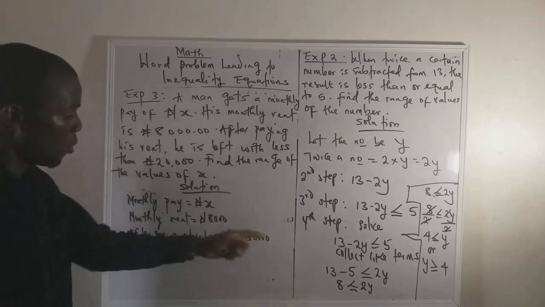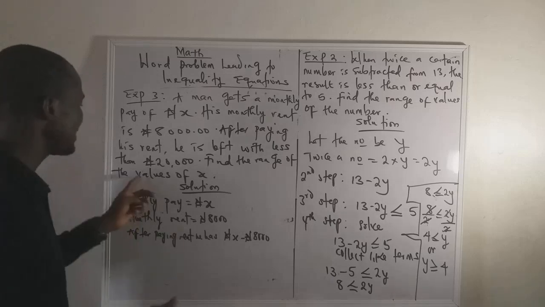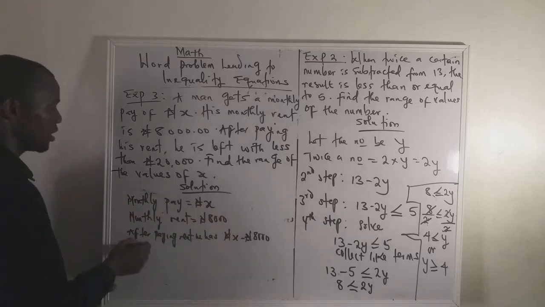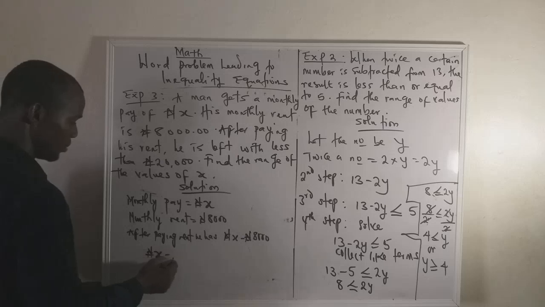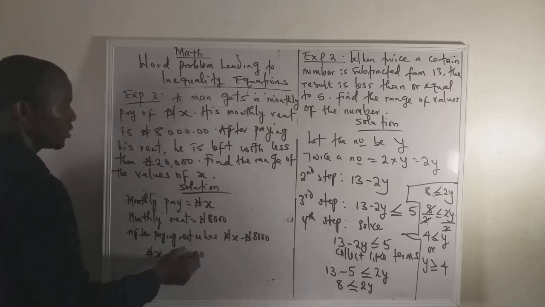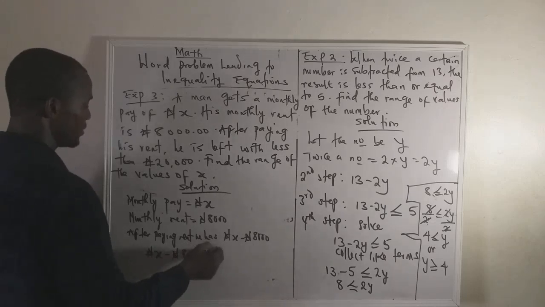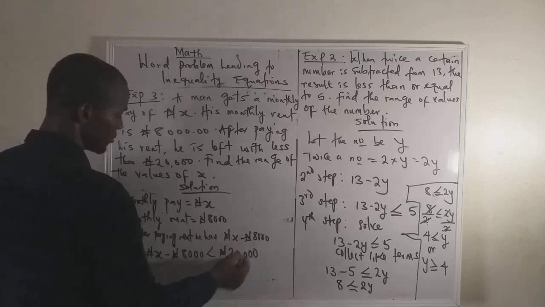They now said what is left is less than 20,000. That implies X minus 8,000 naira is less than 20,000 naira.